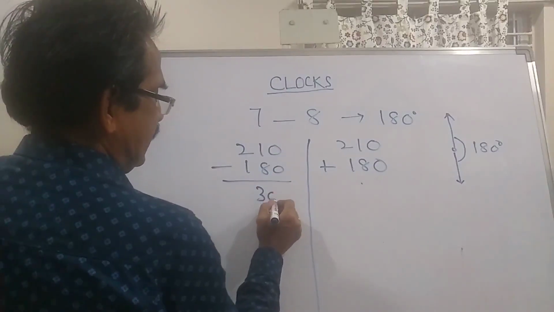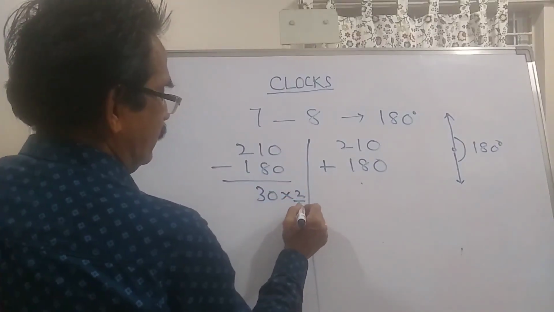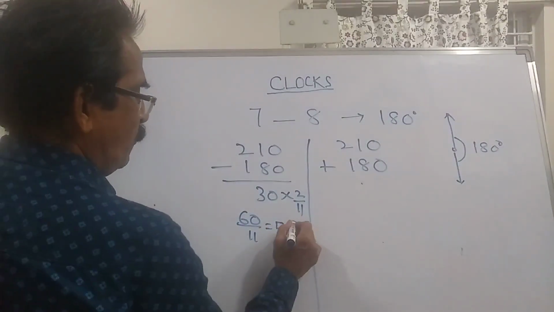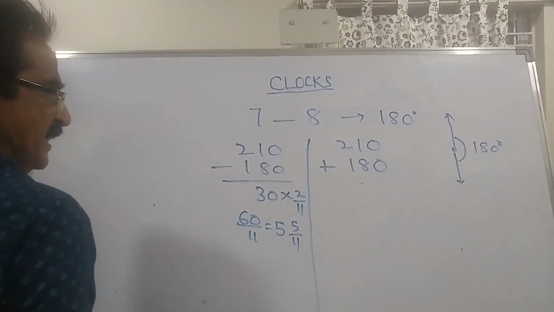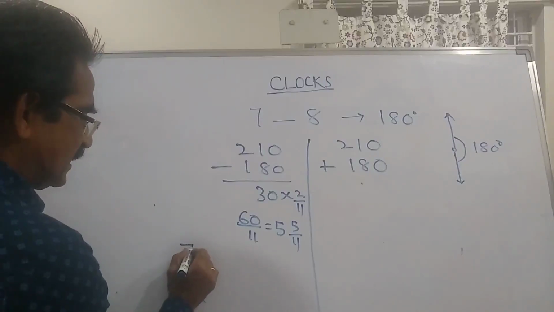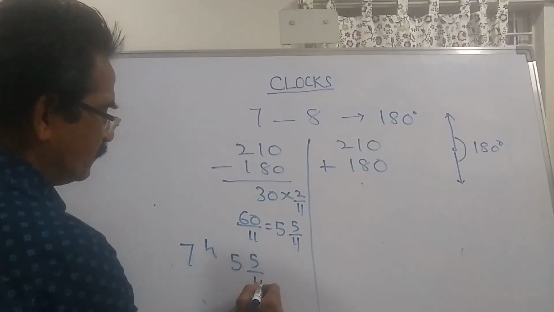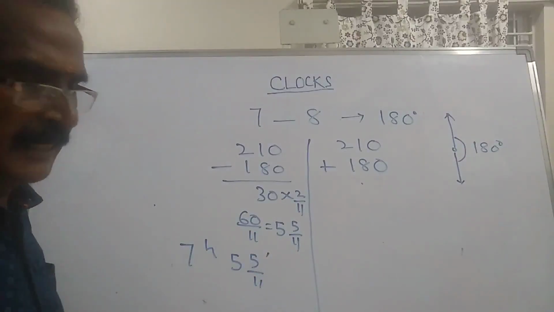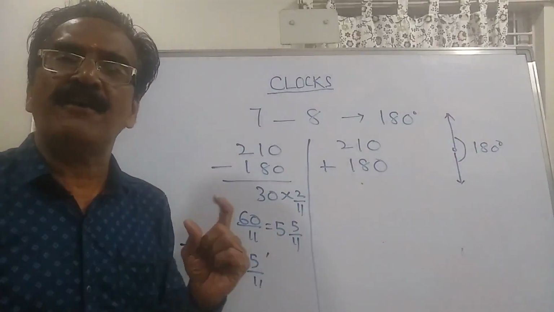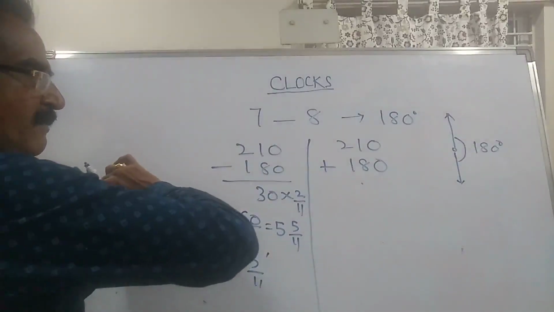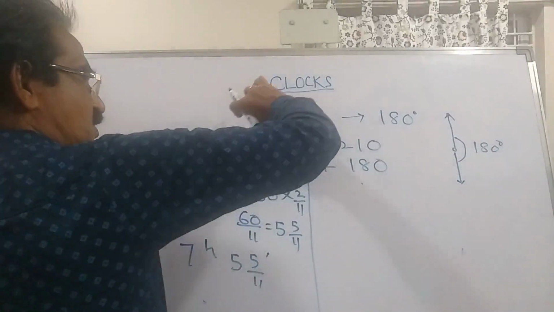210 minus 180 is 30, into 2 by 11, 60 by 11, which is 5 by 11. That is 7 hours 5 by 11 minutes, so 7:5 5 by 11. At this time the hands will be in a straight line.